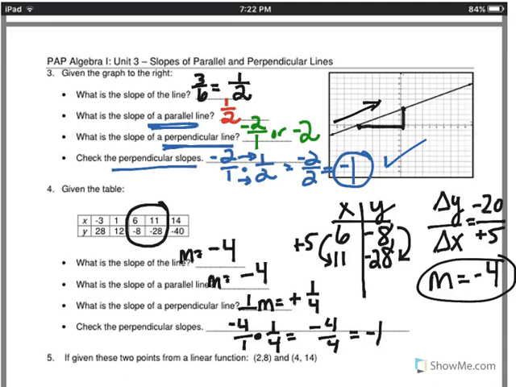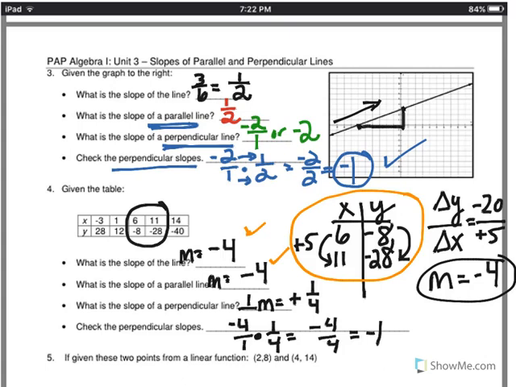Okay, so I found the slope to be negative 4. You could pick any two of these points to figure out your slope, and I chose (6, -8) and (11, -28). So I did that right here and found the change in y over the change in x, which is negative 4. So the slope of the line is negative 4. Parallel lines have the same slope, so that slope is negative 4.